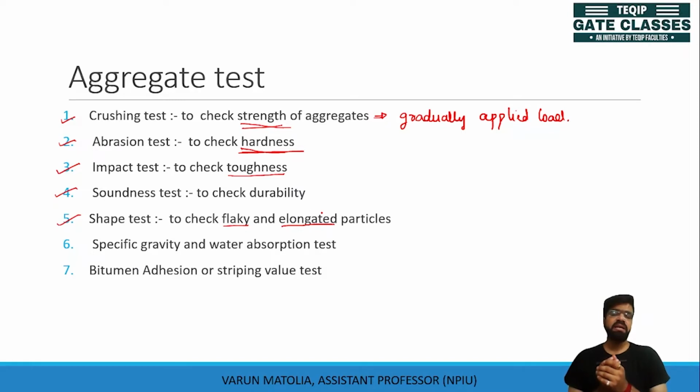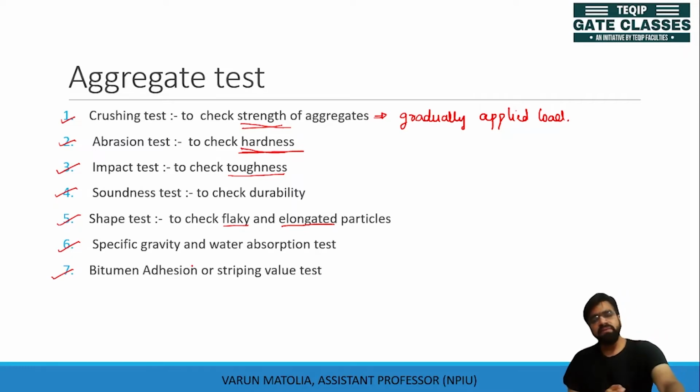Elongated aggregate is not very strong if we compare it in the cement mix or concrete mix. Then we have specific gravity and water absorption test. Bitumen adhesion or stripping value test is also important for bituminous pavement. So these are the tests which we are going to study today.